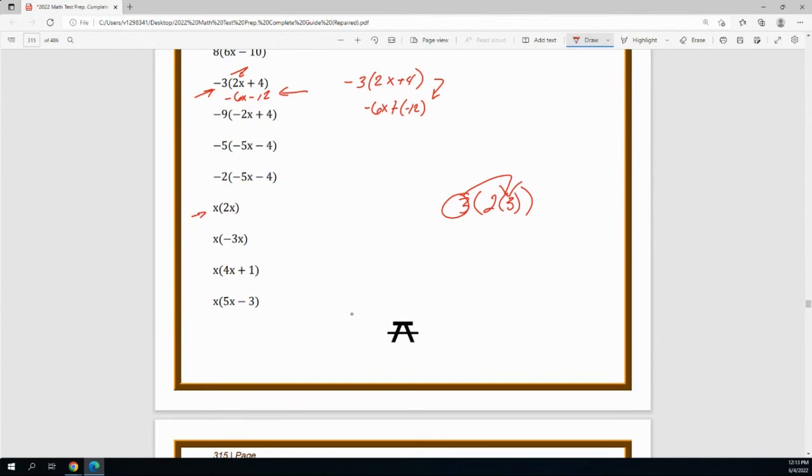But here we go, let's try this again. So if I say, hey, let's take this x, and we're going to multiply it times 2x. Now, because this number and this number are the same, they're going to square up. So we're going to say 2 times x to the power of 2. Let me demonstrate a different way. If I show you x times x, remember in the previous example, that's the same number times the same number.